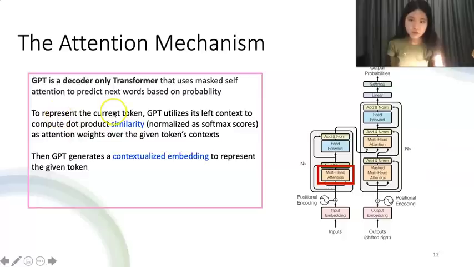And to represent the current token, GPT utilizes its left context to compute dot product similarity that is normalized as softmax scores as attention weights over the given token's context. Then GPT will generate a contextualized embedding to represent the given token.